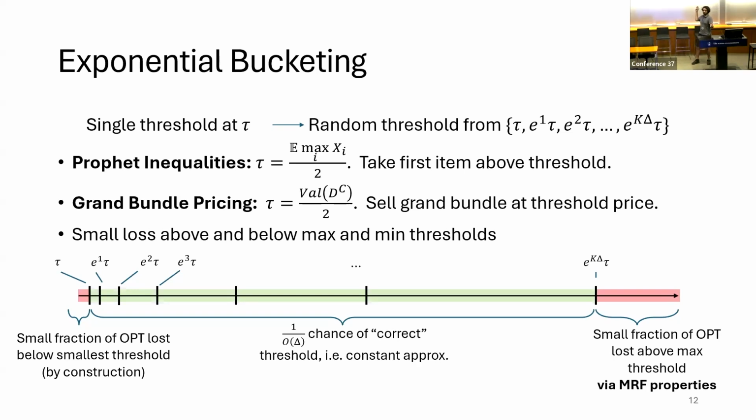Because these are separated by a factor e to the order delta, we can bound this loss even in spite of our MRF dependencies. And then if this sample opt lands in between the two thresholds, then we have a 1 over delta chance of guessing the correct threshold and getting a constant approximation.